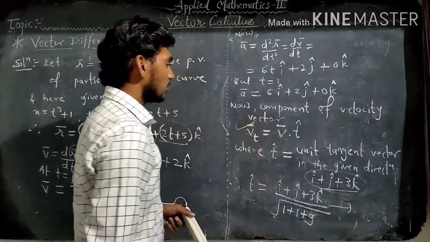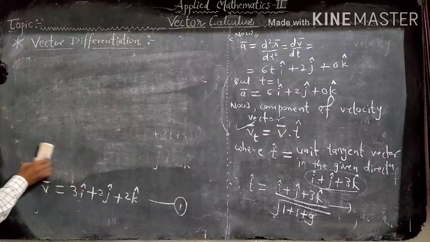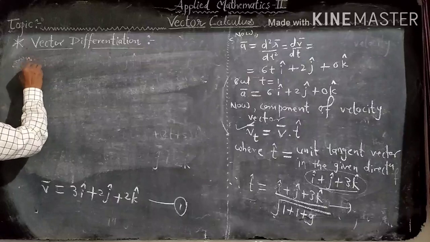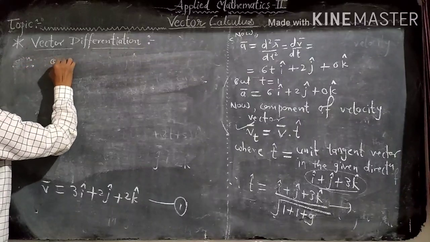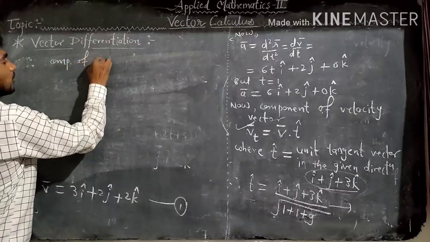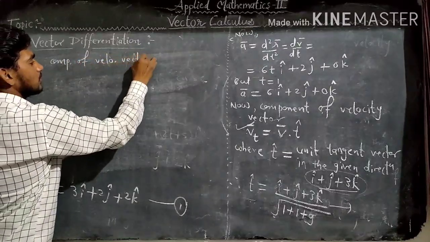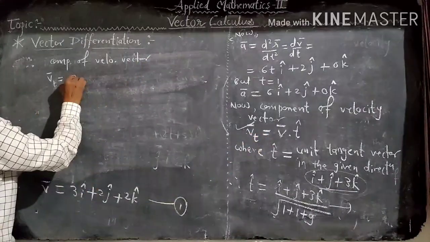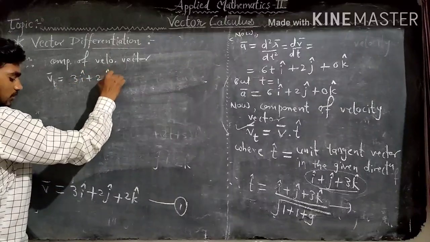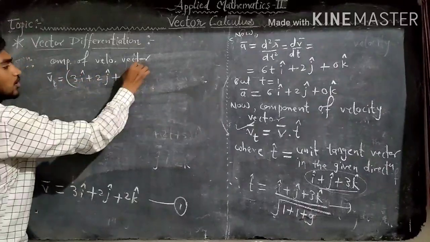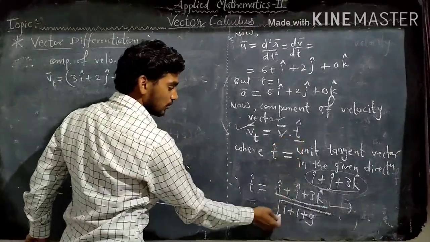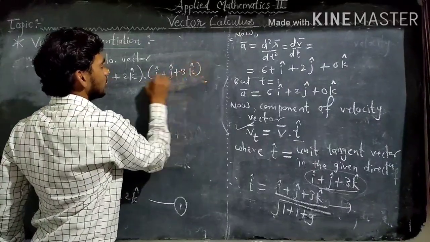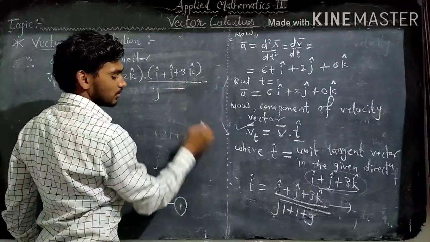Therefore component of velocity vector, that is vt, is equal to vector v, which is 3i plus 2j plus 2k, dot product with unit tangent vector, which is (i plus j plus 3k) divided by square root of 11.